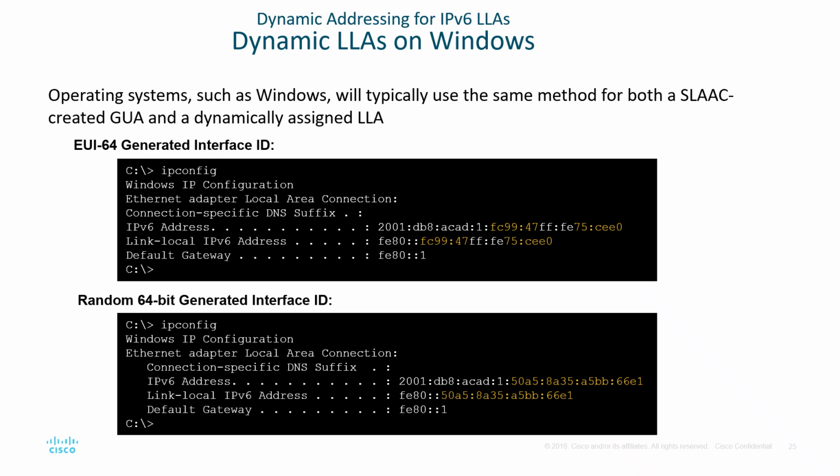I do not see FFFE, so that one is understood to be randomly generated. Okay? So FFFE is the defining factor here, as well as flipping that 7th bit from a 0 to a 1.